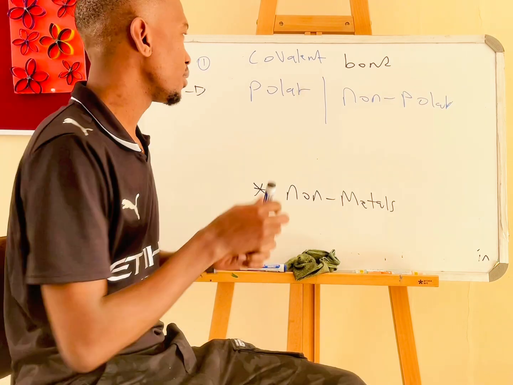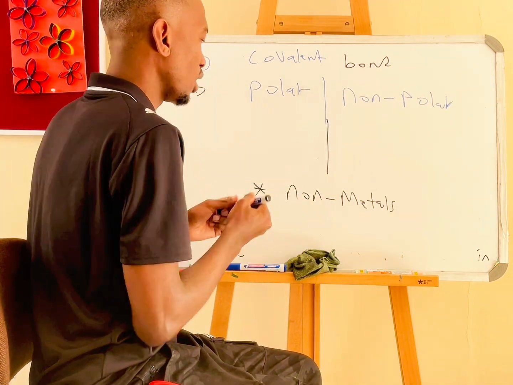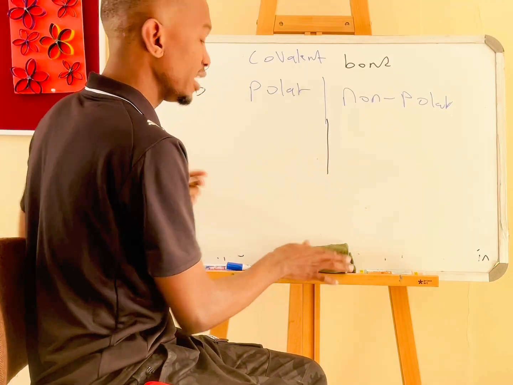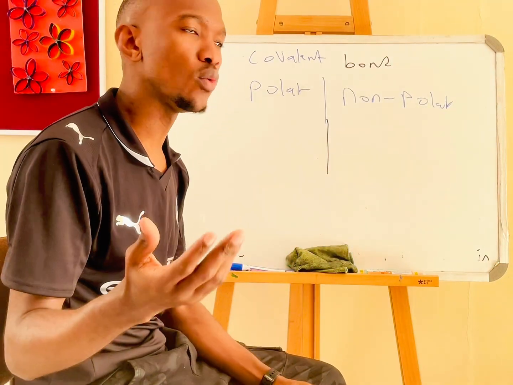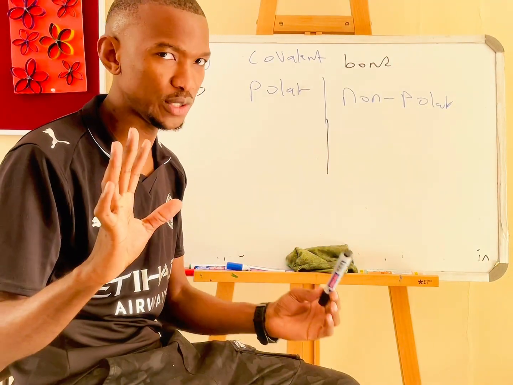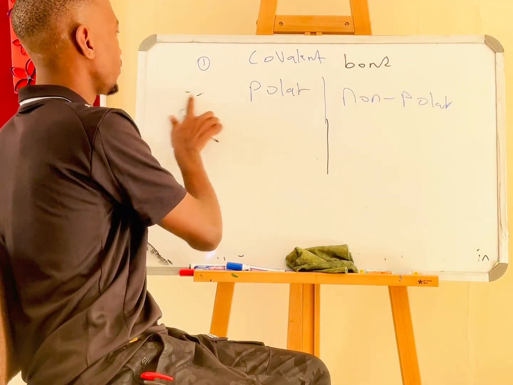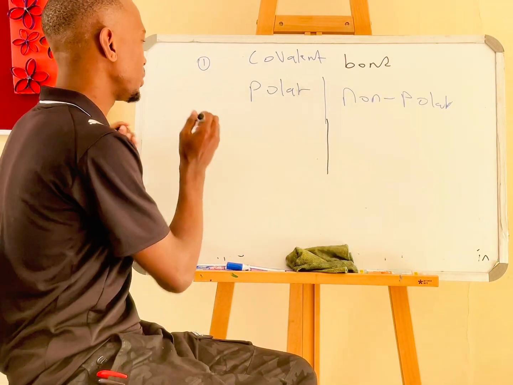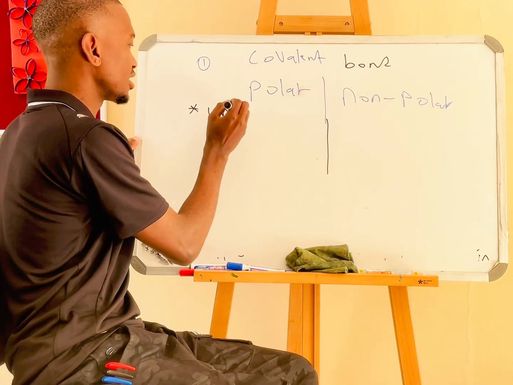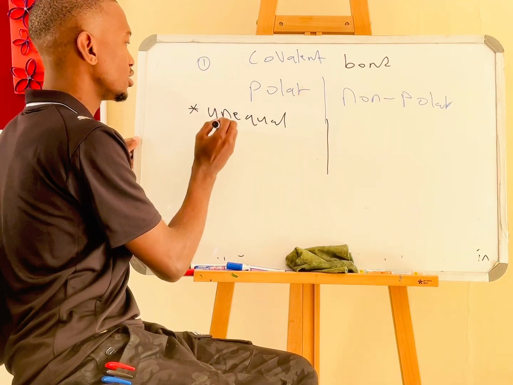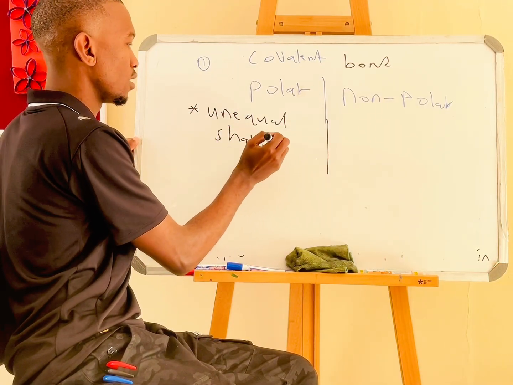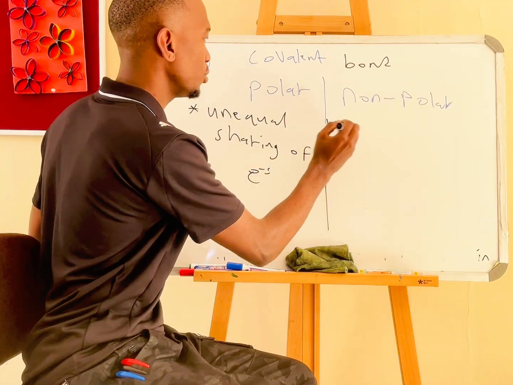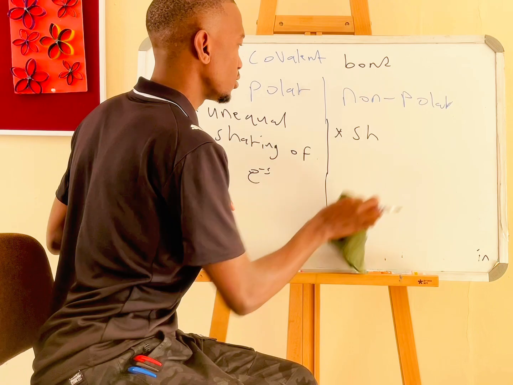People do not know what a polar bond or polar molecules are. And remember, you now know what nonmetals are, right? So under polar, we're going to be talking about unequal sharing of electrons. Here we're going to be talking about equal sharing of electrons.